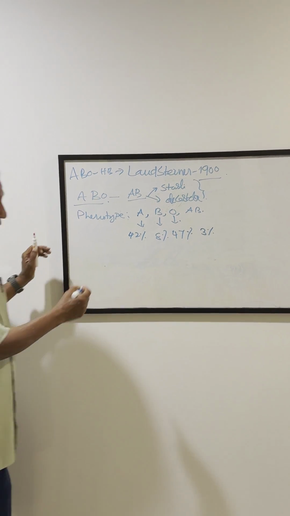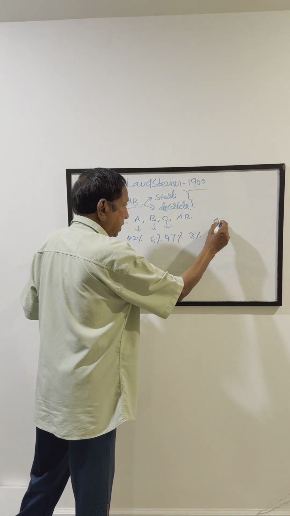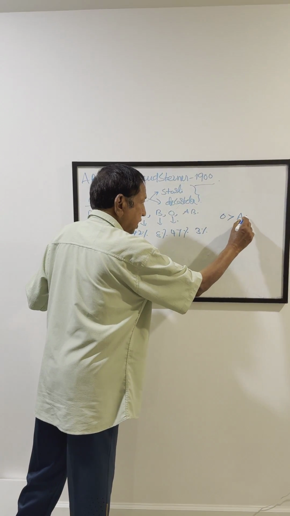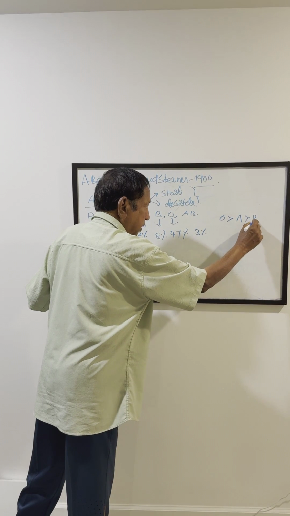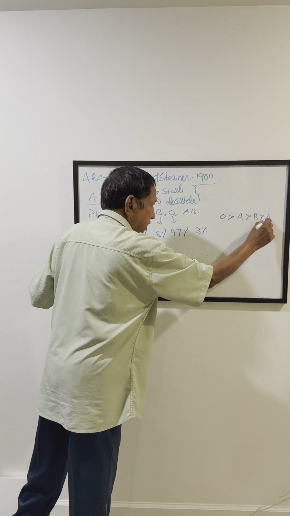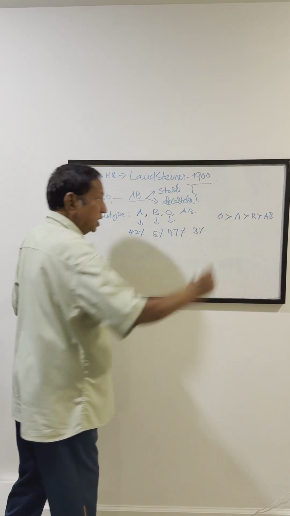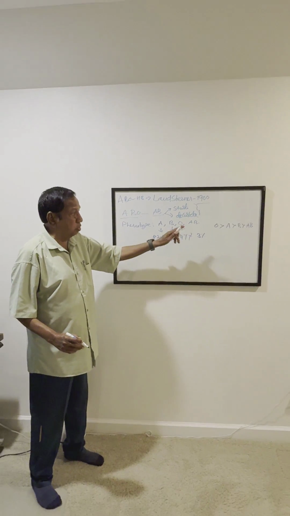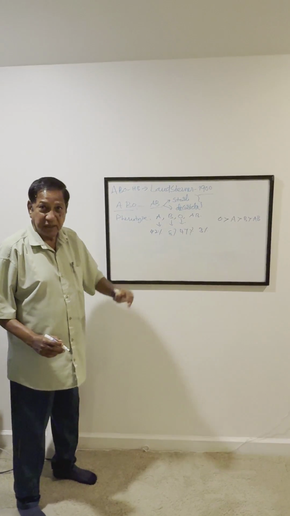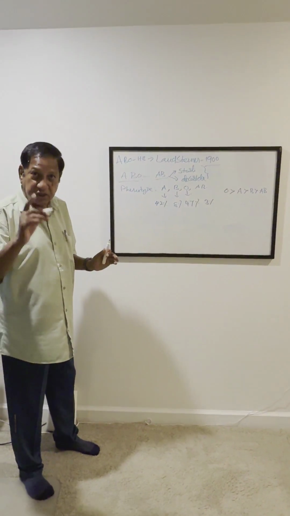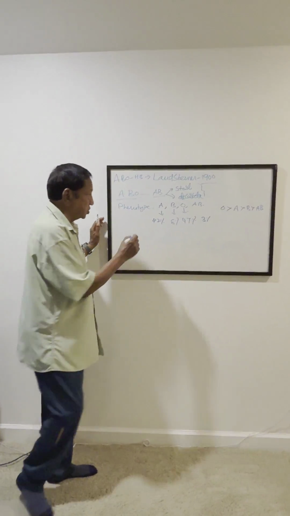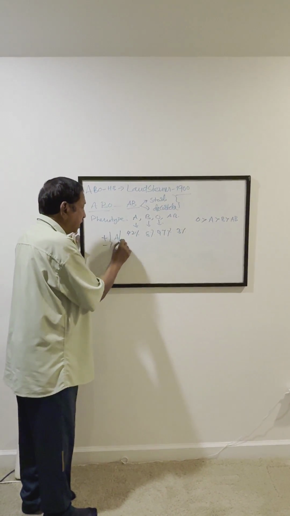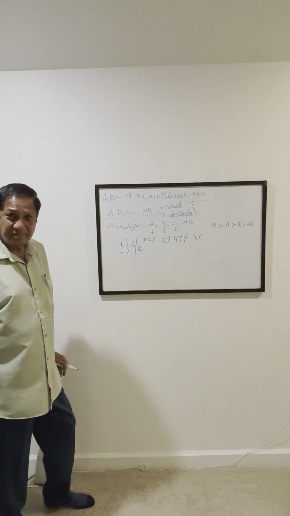Altogether, the human population is predominated by the O group, followed by the A group, followed by the B group, and the least is the AB group. How are these phenotypes of O, A, B and AB expressed? It is due to the presence or absence of either A or B antigen.